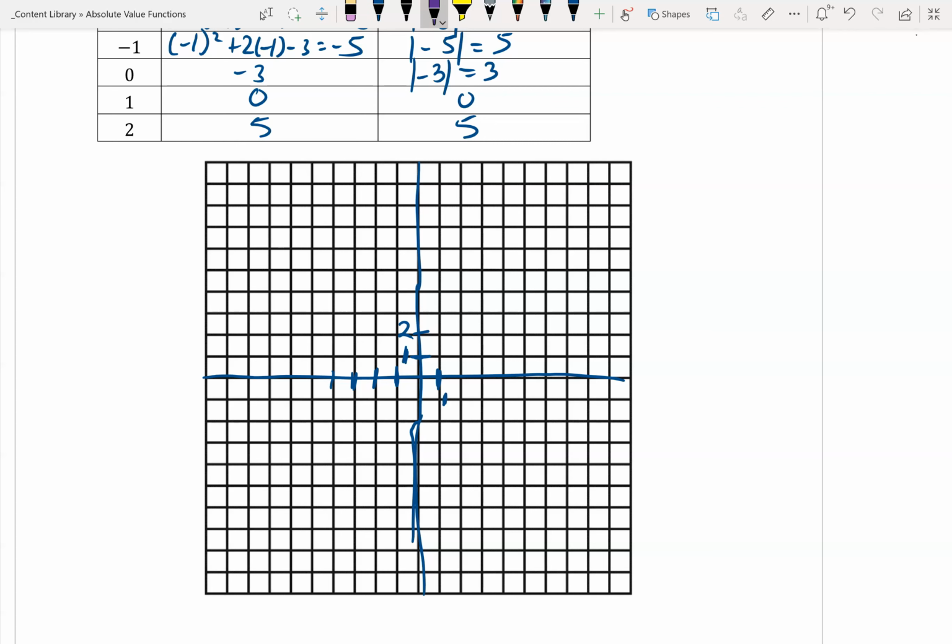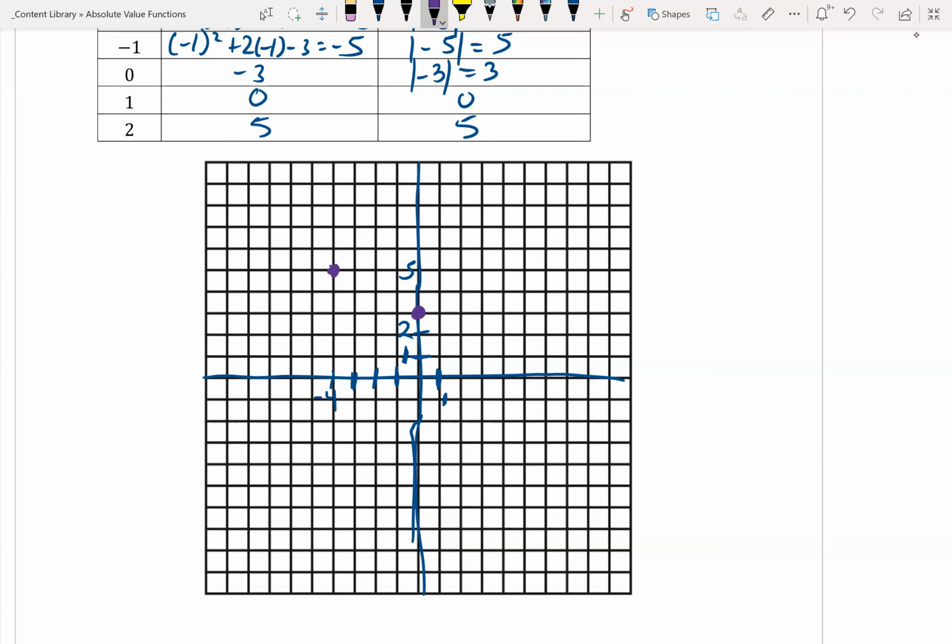Okay, so we have a point at (-4, 5). Our next point is at (0, -3), (0, 3).